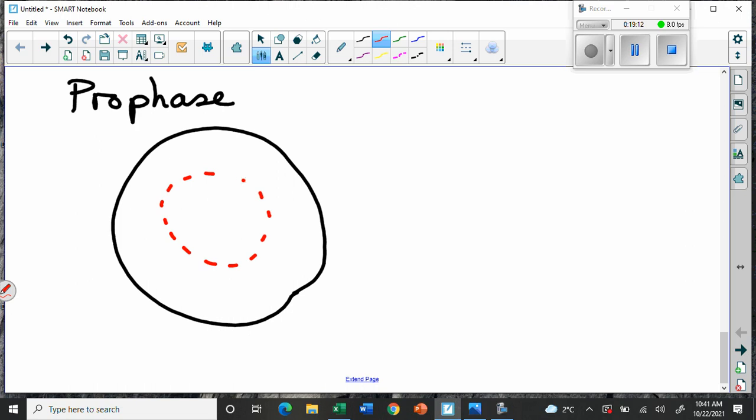I'm drawing it large so we can look inside and see what's happening, okay? Inside the nucleus, there is DNA. Now, the DNA in eukaryotic cells is usually wrapped up in something called a chromosome. DNA is packaged in a chromosome.